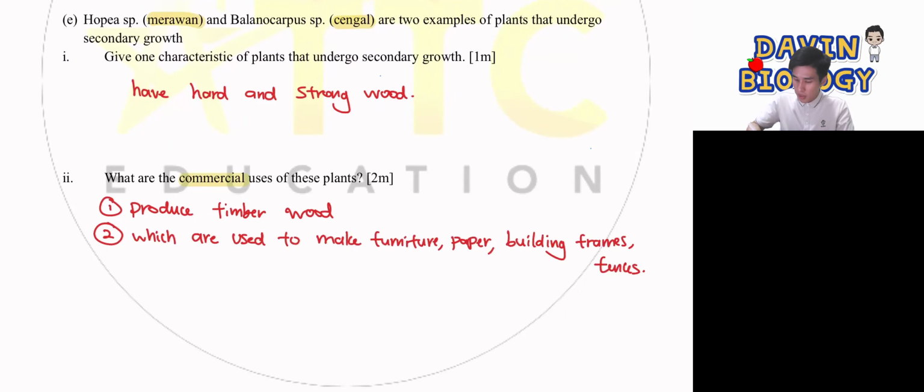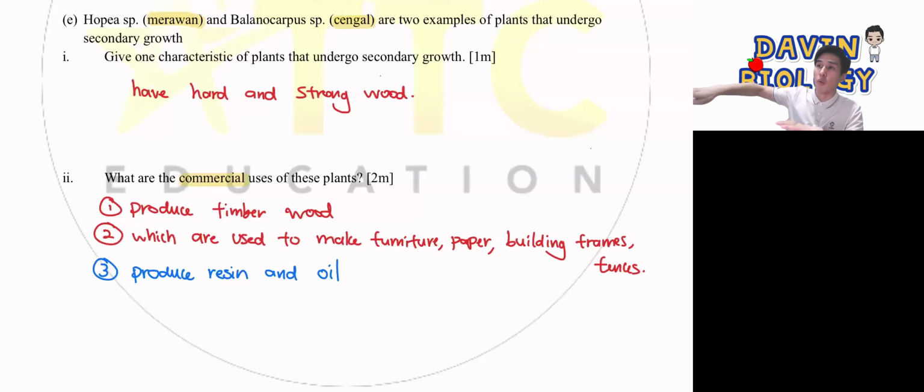And the second one is some woody plants, not all. Inside their stem there is liquid, there is sap inside. So that one is called resin and oil. So resin is usually used to make varnish, to make your wooden floor more shiny, and used for art and craft.